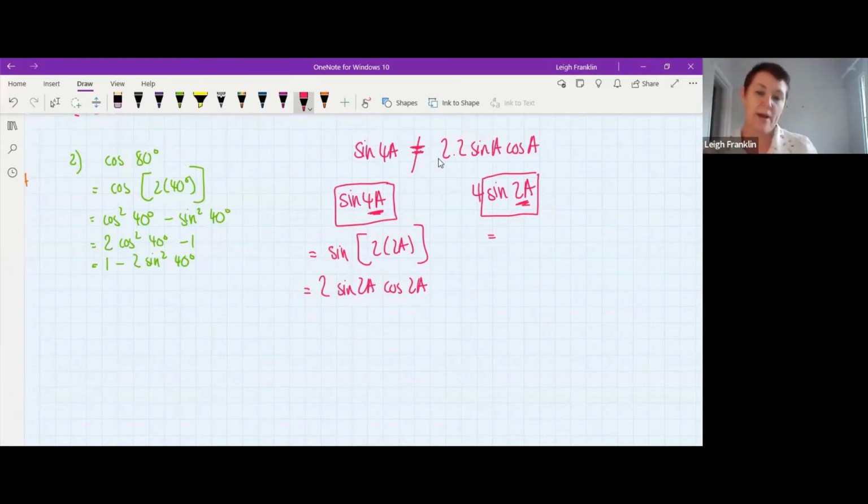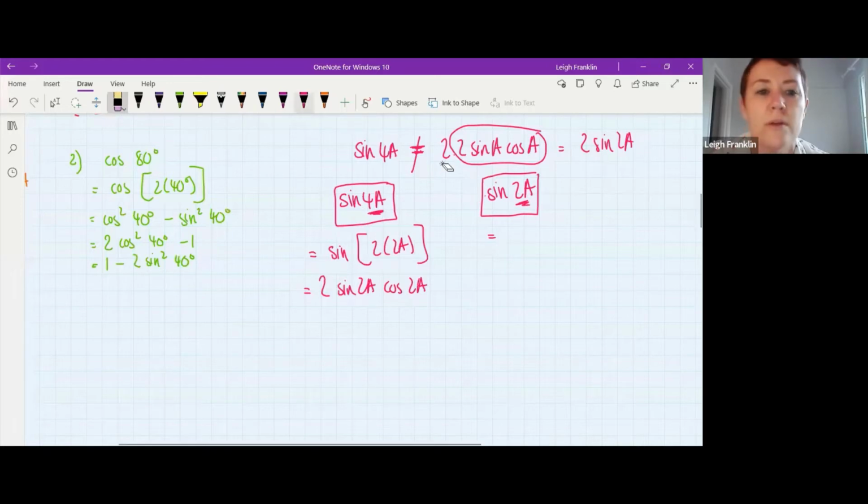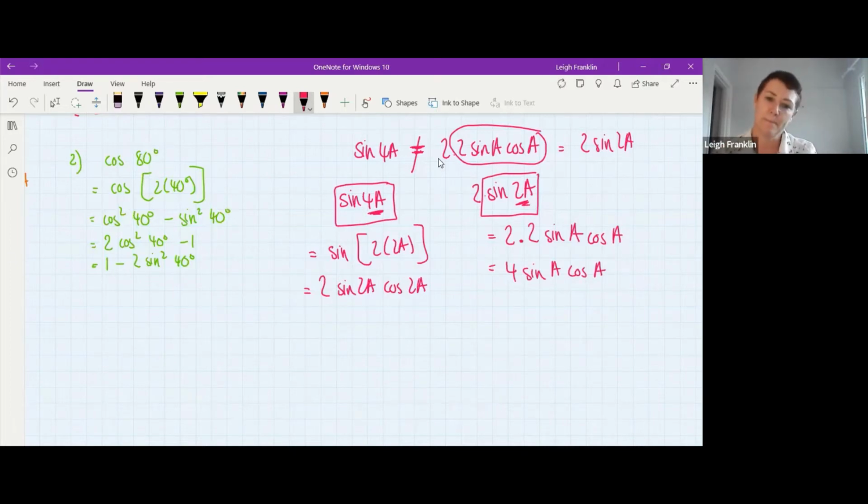For this one over here, there are instances where you can write it using the identity. That would give you 2 sine 2a. Then you can write that as 2 times 2 sine a cos a, and that's where you could get 4 sine a cos a from. So it's not the same thing.